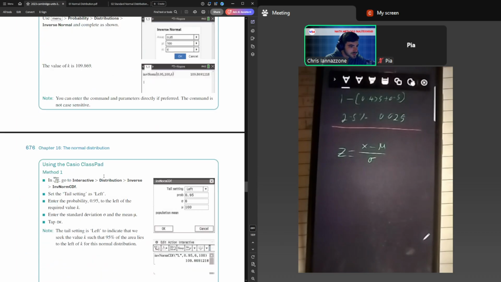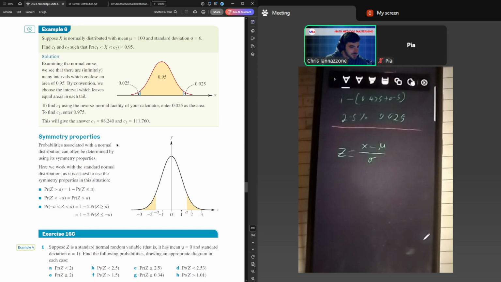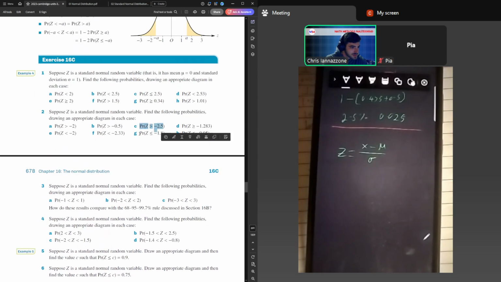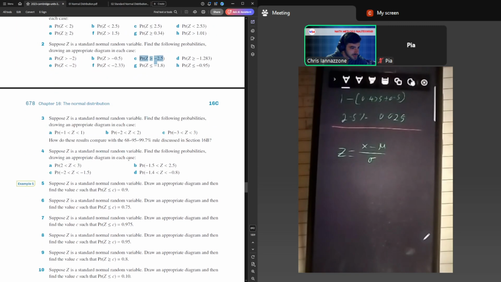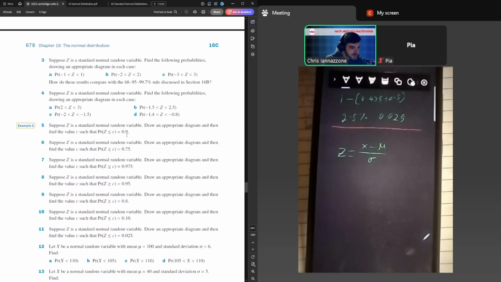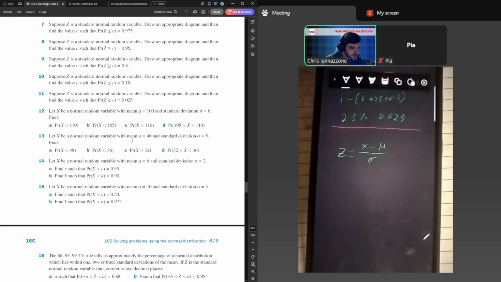What would be good is it in this one that they do Z. Where's the one where they contrast the Z and the X? Not this one.